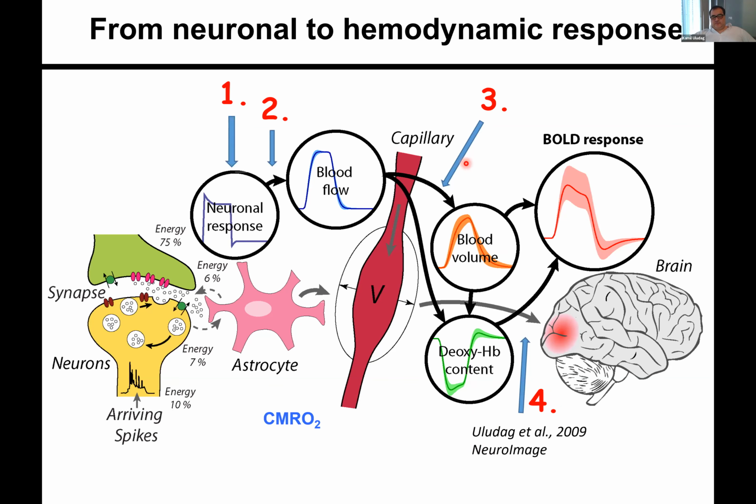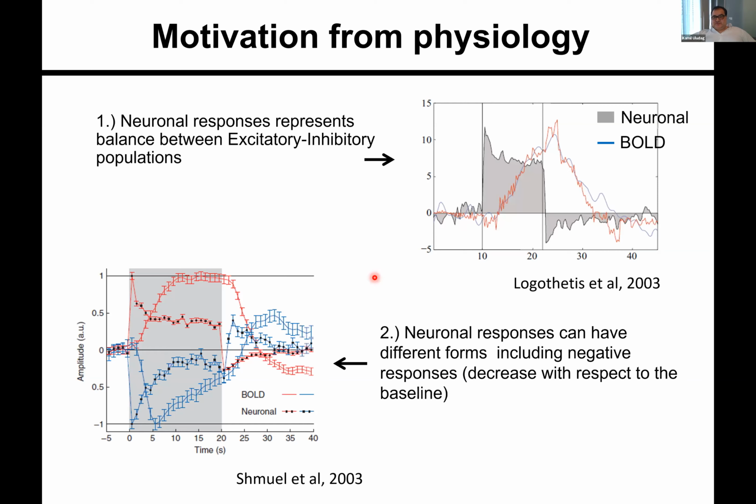And in developing this model, we were guided by experimental results. I will show you just examples. This is again from the Logothetis paper. In gray, you see neuroactivity, overshoot, and post-stimulus inhibition. In blue and red is the BOLD response, much slower as seen.